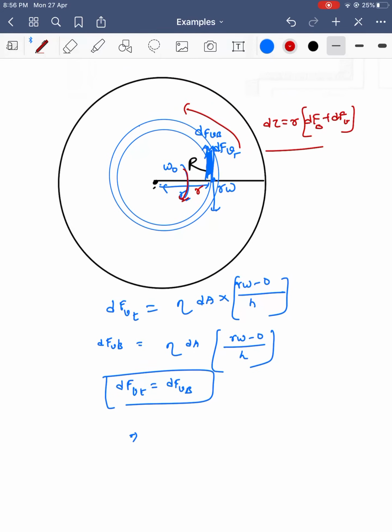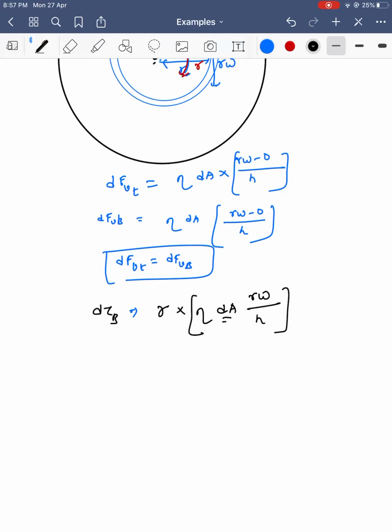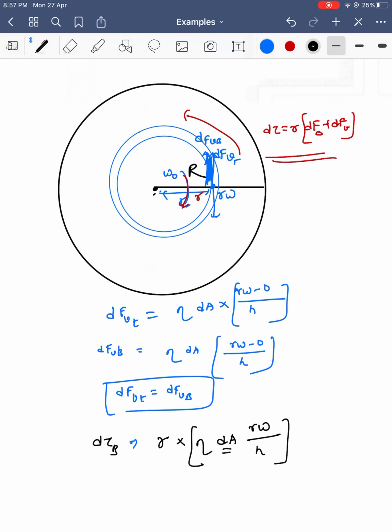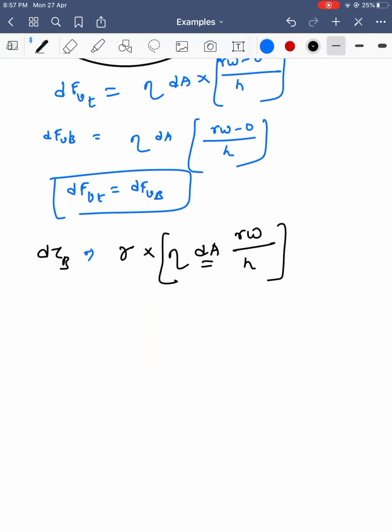Okay, now let's write the expression for d tau b. d tau b is equal to r into dFb plus dFt, where the force is nu into dA r omega by h. dA is nothing but the small area, from the center to here at small r, this is dr. So dA is equal to 2 pi small r into dr, and d tau b is r into nu into 2 pi r dr into r omega by h.